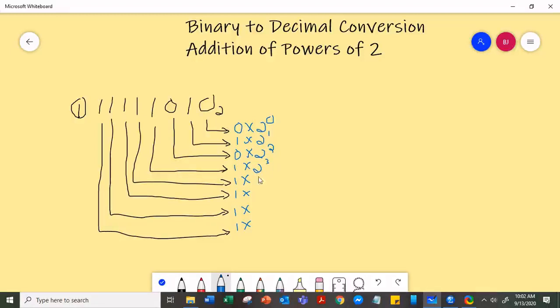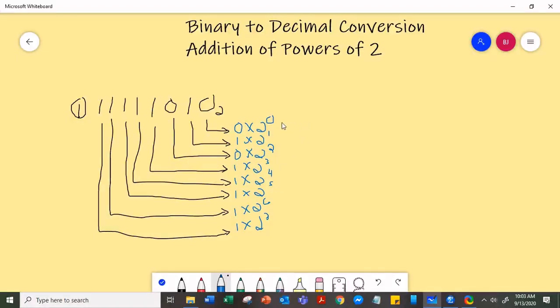So 3, 4, 5, 6, and 7. Now you'll notice that I use 2 here as a base. That's why it's called base 2. If you remember from the place value discussion for decimal numbers, we have the same method, but we use 10 there because it is base 10.